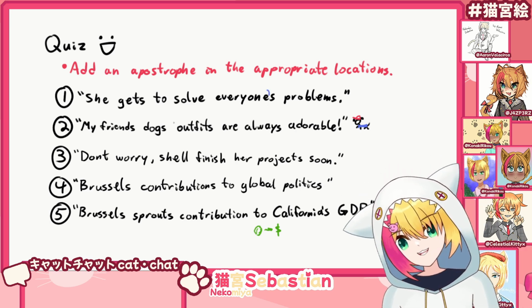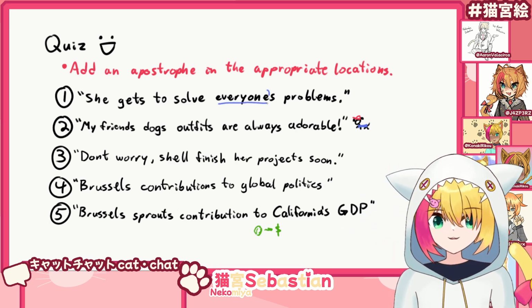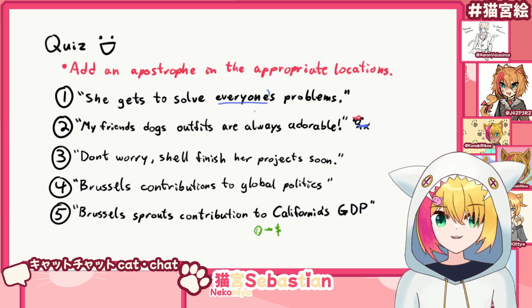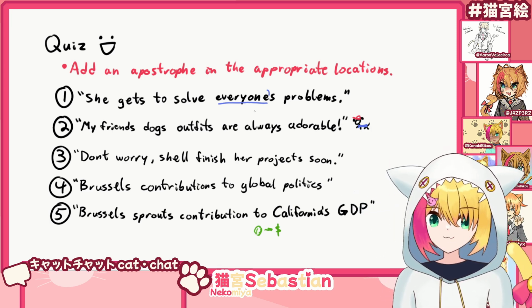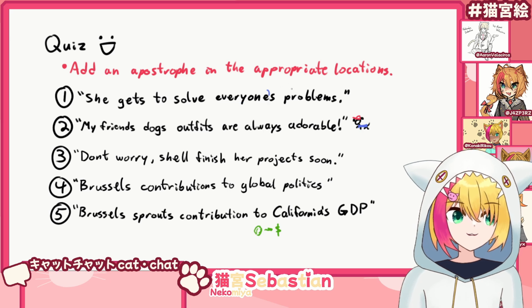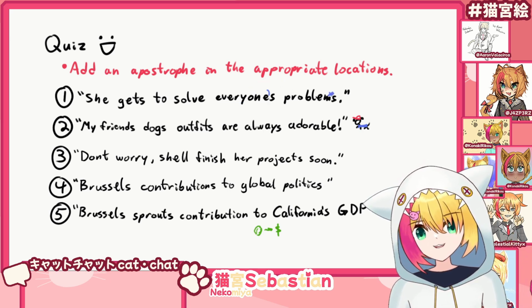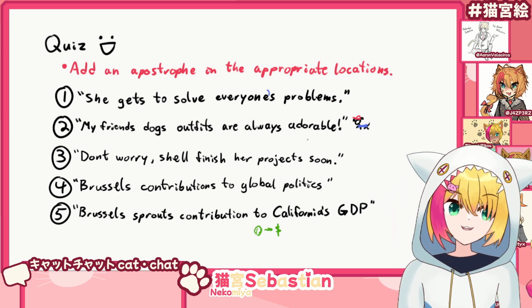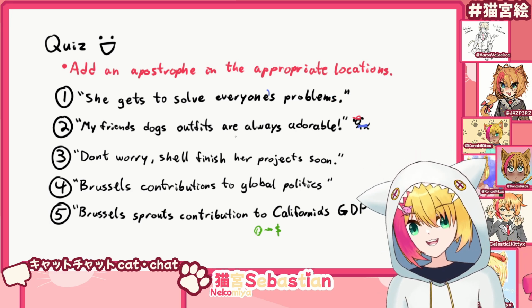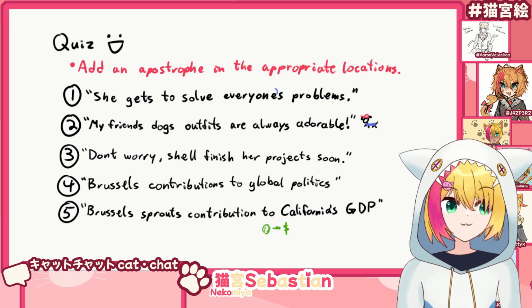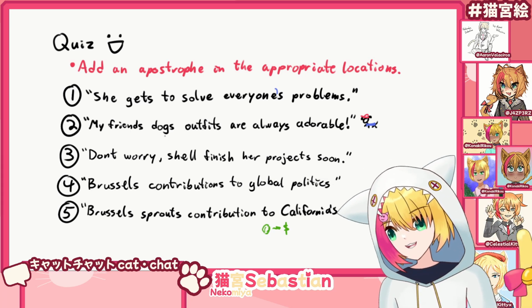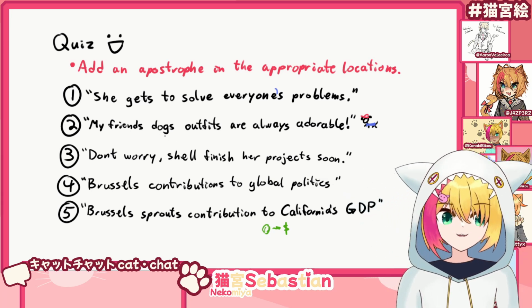There's only one everyone. Can't have multiple everyones. The set of everyone includes everyone by its definition. So problems belong to everyone. One everyone, many problems. No apostrophe here because it's a plural. So we don't have to worry about it. Just here, right?